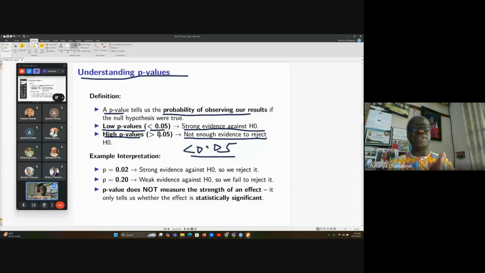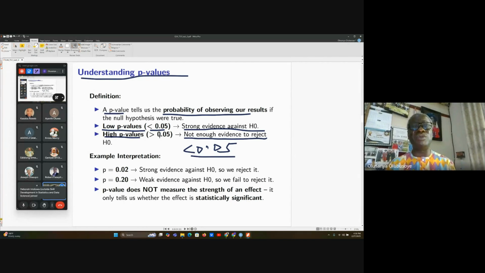The smaller the p-value, the stronger the evidence we have against the null. The larger the p-value, the weaker the evidence against the null hypothesis. That's the interpretation of your p-value.